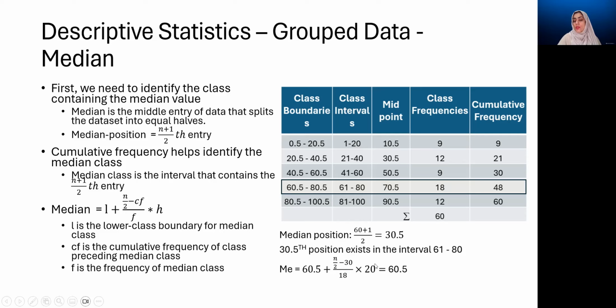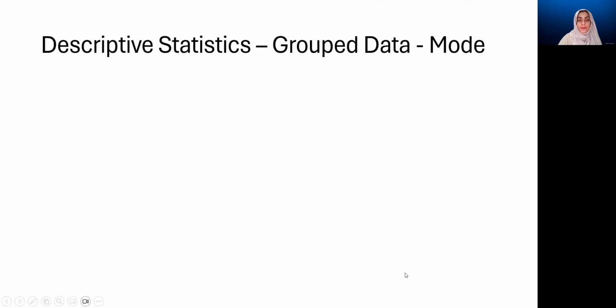So this whole expression comes out to be 0, and we multiply it with h. H is the width of the class intervals. And since all of these intervals have equal widths, we have 20 for this median class also. So we multiply all this together and add up wherever it is needed. After computing this expression, we get the median computed as 60.5.